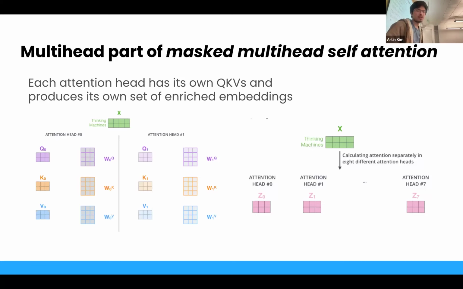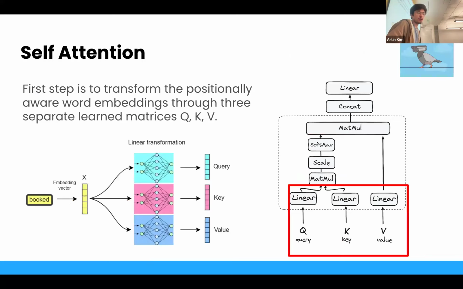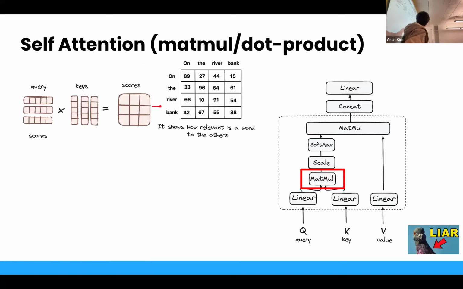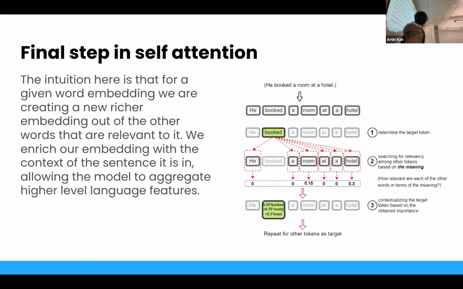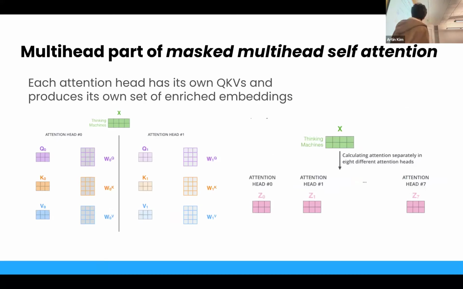And these matrices do this entire process I said before: you get your queries and keys, and you do this dot product matrix multiplication to get your attention scores. And then you get your values and you use them in the sum here. The idea is that each of these sets of query key values are learning different things, different relationships.